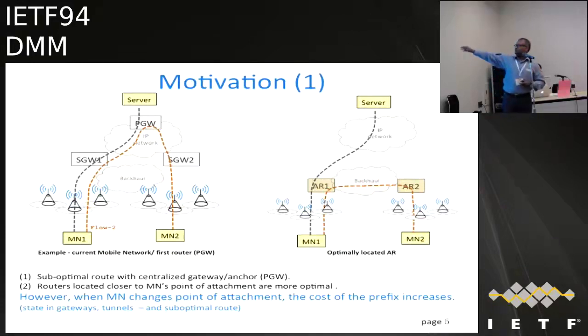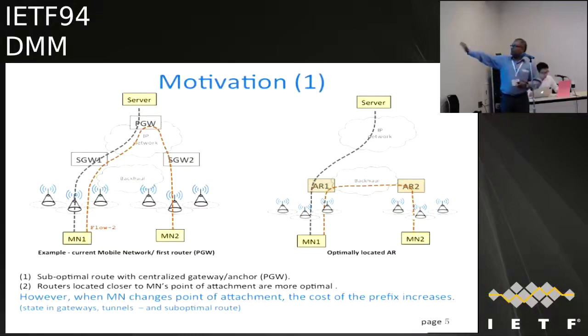And what we're saying here is that if you have the router located closer to the MN, then it's a more optimal route, especially for different kinds of traffic flows, than what goes to a central server and so on. And these are cases that come up in NJMN and other things. The type of traffic flows, latency, bandwidth, a whole bunch of things related to that. And this provides an optimal case.